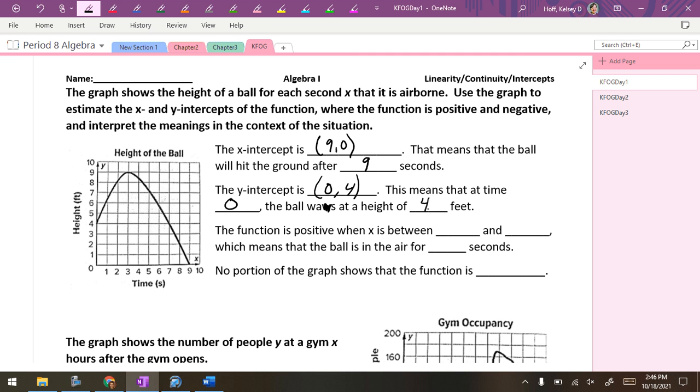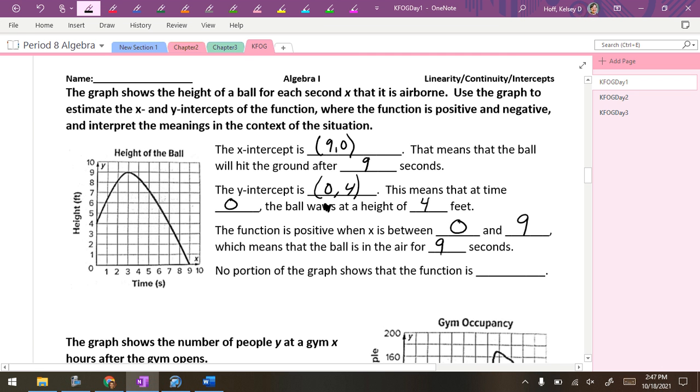So whoever has the ball in their hand was at 4 feet tall. Yes? Their hand was when they started it. The function is positive, meaning above the x-axis, between 0 and 9, which means the ball is in the air for 9 seconds.